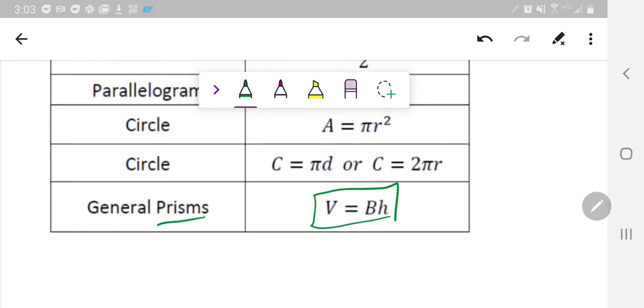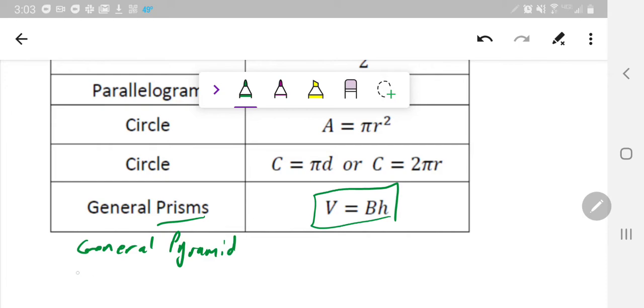So one of the things that we've practiced and gone over is how a pyramid's volume relates to a prism's volume. So for a general pyramid, we saw that if you had 2 shapes, a pyramid and a prism, and they had the same base and the same height, then their volumes were related.